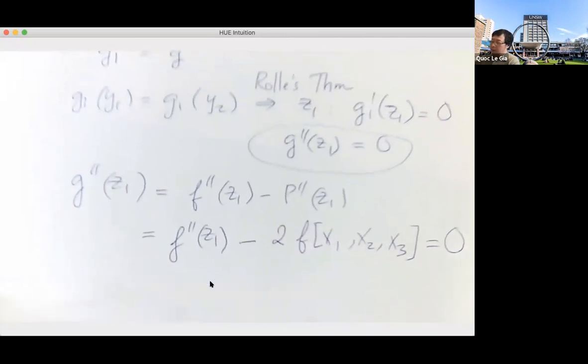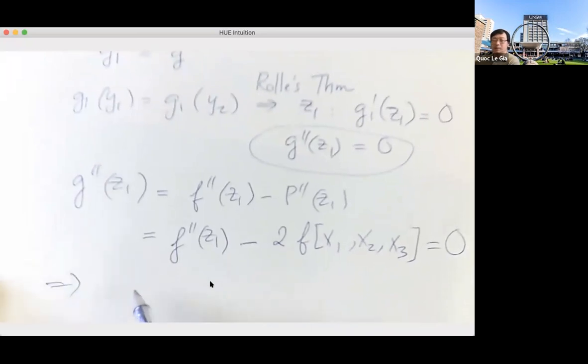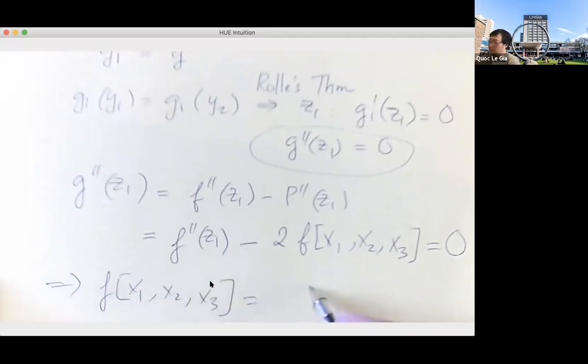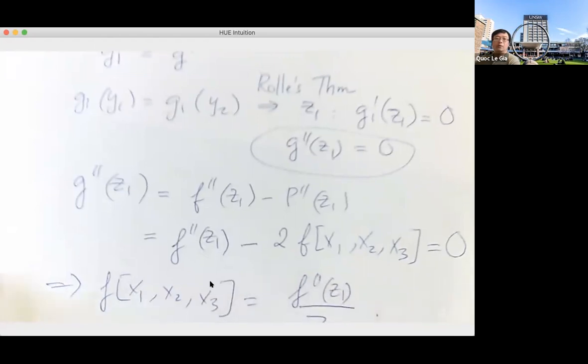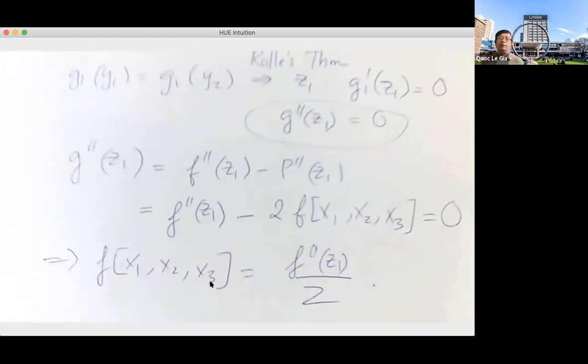This is exactly what you want. So you have f[x1, x2, x3] equal f double prime at z1 divided by 2. That is what we just proved for the case n equals 2.